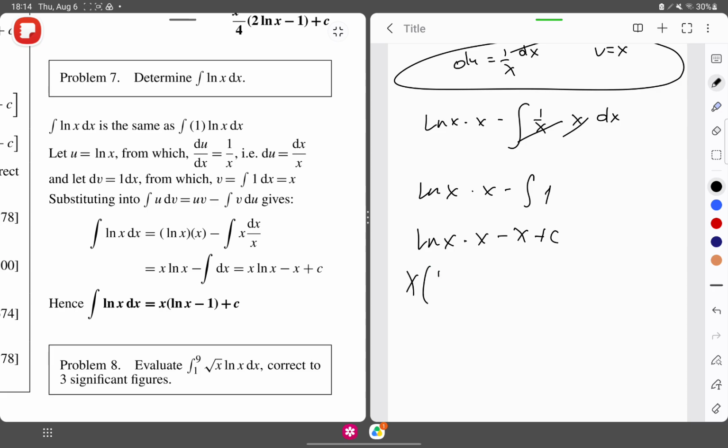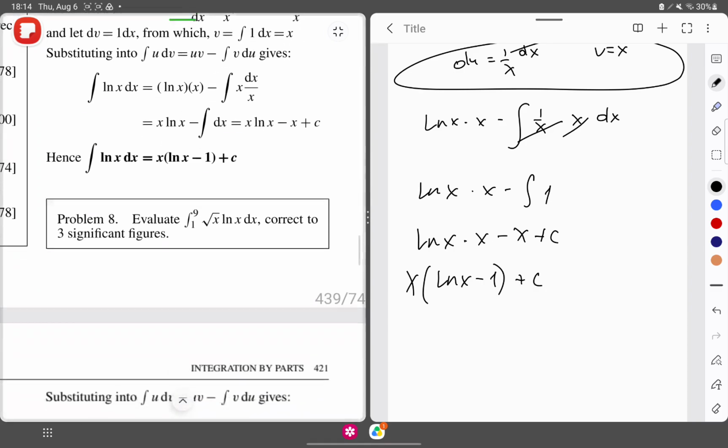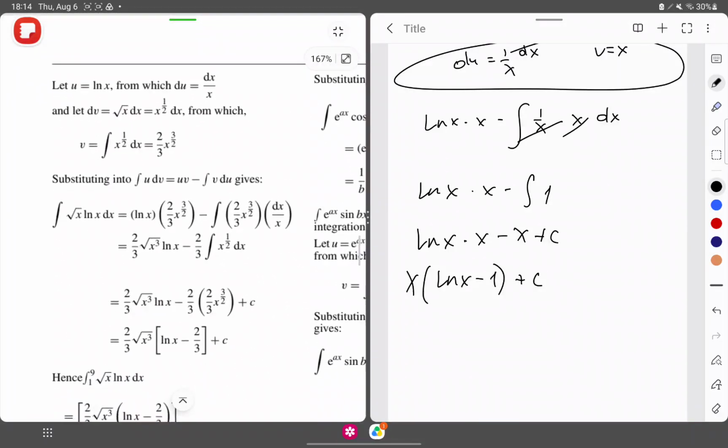We have a common factor x, so x times (ln x minus 1). What I was thinking was right. Good job, really good job.